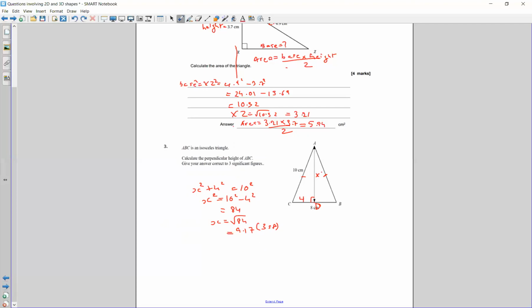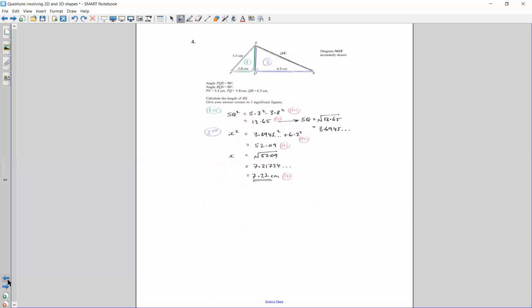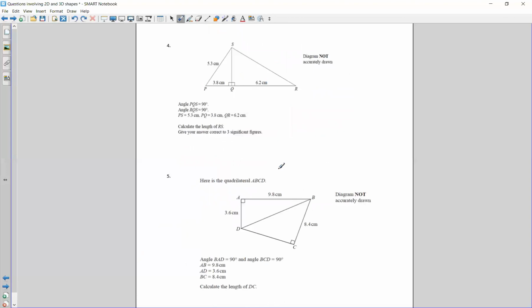Okay, now let's have a look at the next couple of questions. Very quickly, I'll give you some idea about how to do them, and then I will leave you to it, and then you can check your answers. So angle PQS is 90 degrees.